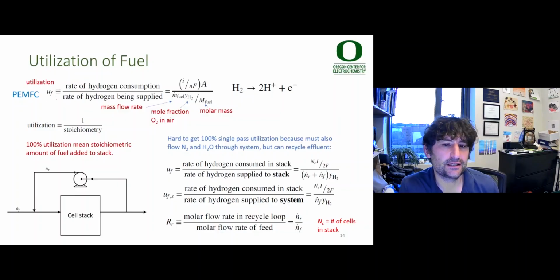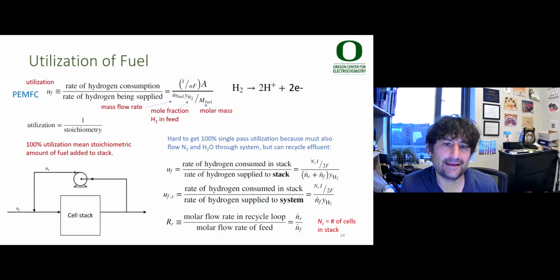The fuel utilization is calculated similarly. It's the rate here of hydrogen consumption over the rate of hydrogen being supplied. Well, the hydrogen consumption is just I over nF times the total stack area, where here n is 2 because it's a 2-electron reaction.